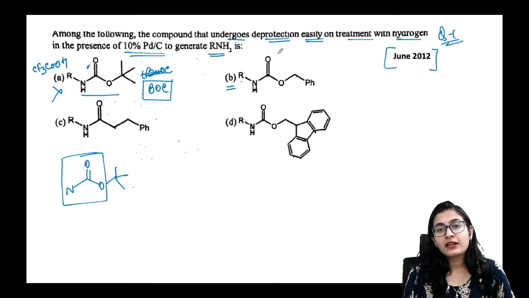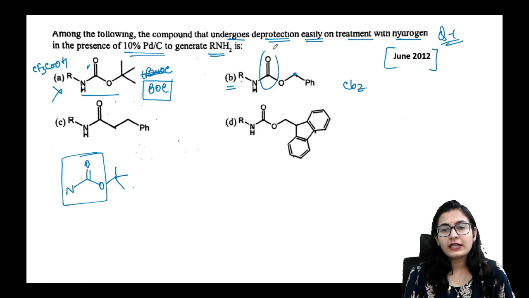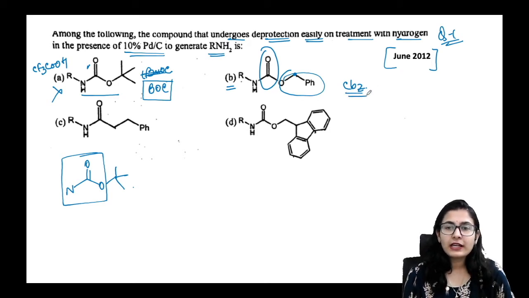This is once again a carbamate, but this is benzyloxycarbonyl. So this is the CBZ protecting group. CBZ, you can also call it carboxybenzyl, right? Carboxybenzyl group. So the CBZ protecting group is going to be cut over here.